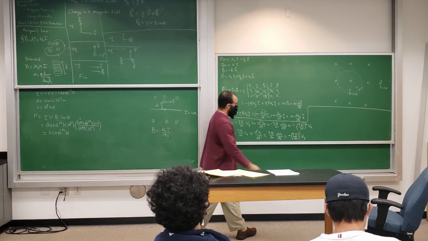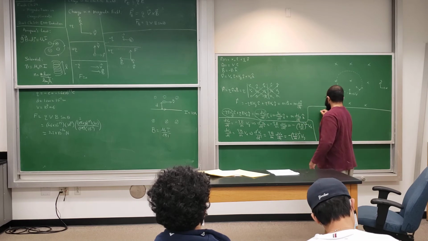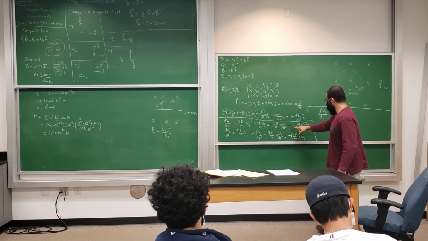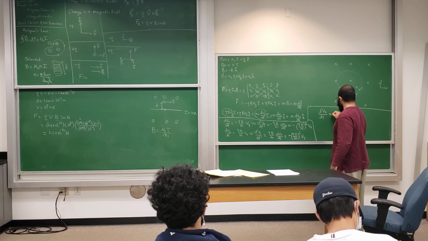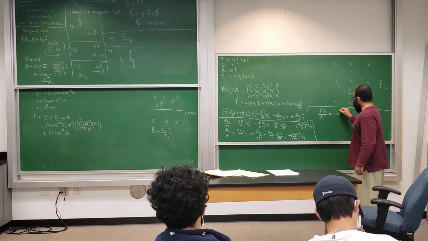So we're going to make the notation a little nicer. We have the second derivative of vx with respect to time equal to minus omega squared vx.